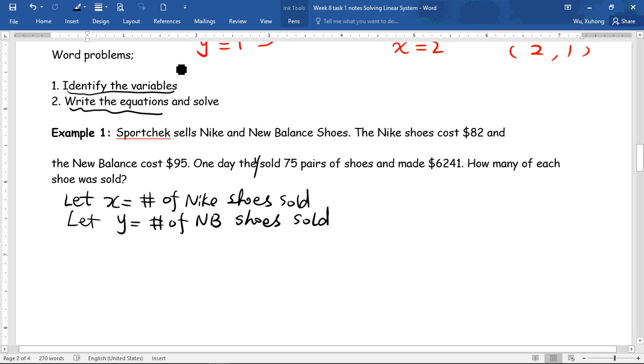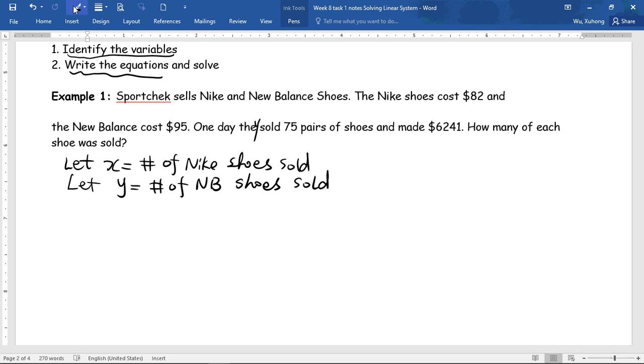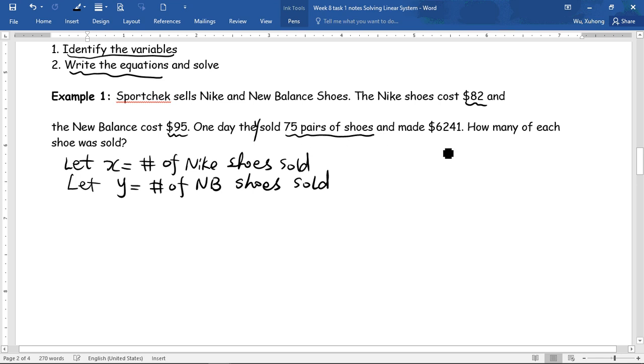Okay. And we are going to see how to set up the equation. We have numbers 82, 95, 75 pairs, made $6,241. So we tend to use a total for this one.